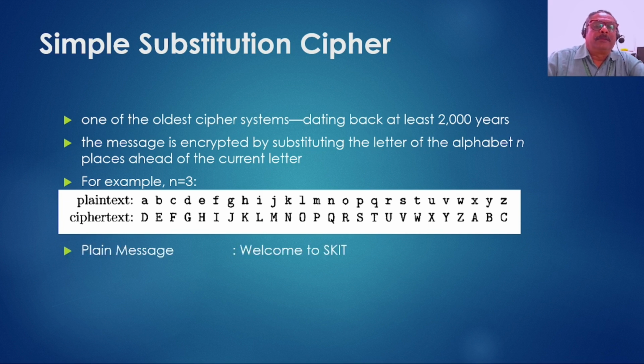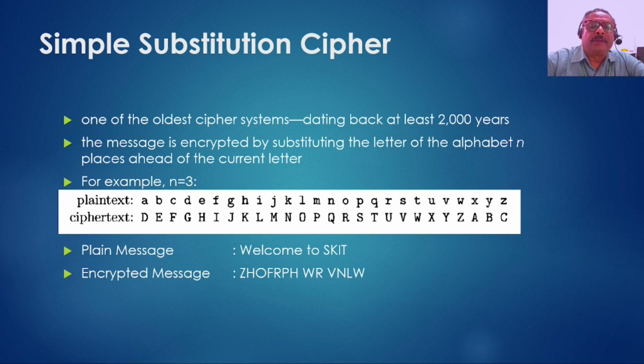And the plain message, say welcome to SKIT, here W will be replaced with Z, E will be replaced with H, L will be replaced with O, C will be replaced with F, and so on, and hence the ciphertext will look like Z H O F R P H W R V N L W, and this is transmitted or sent from one point to another point.